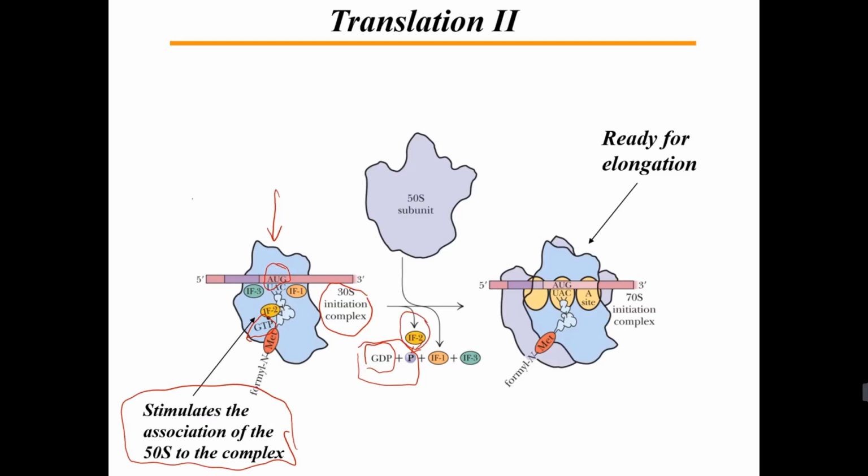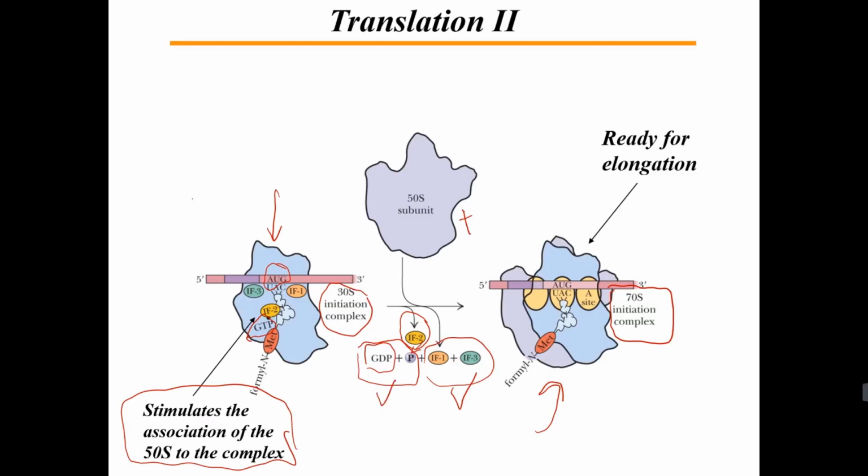And the result is the addition of the 50S, and release of IF1 and IF3 to form the 70S initiation complex. So when these structural changes happen, it leads to the ejection of IF1 and IF3 as well when we get that GTP hydrolysis by IF2.